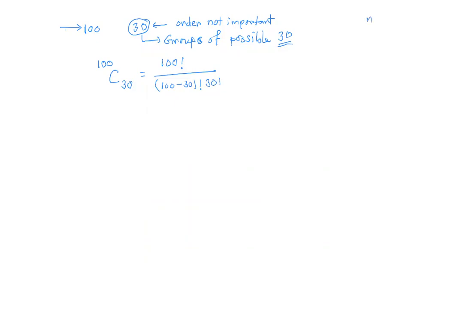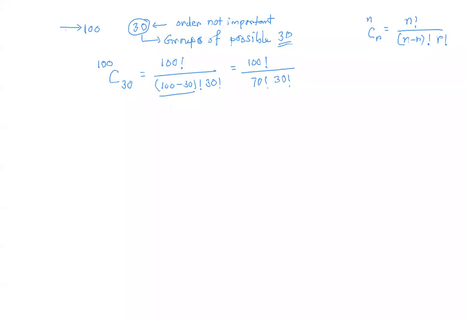Remember, nCr, combination of r items from n distinct items, is n factorial divided by (n minus r) factorial times r factorial. That's exactly what I'm using. So that comes out to 100 factorial over 70 factorial, which is 100 minus 30, times 30 factorial.